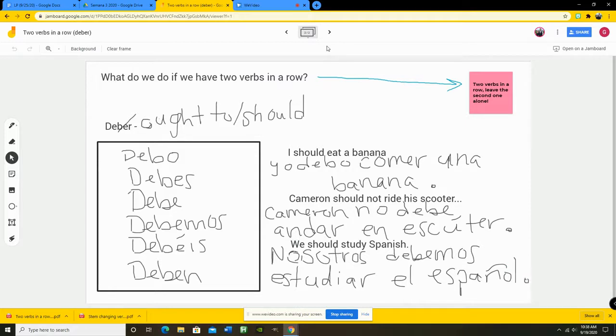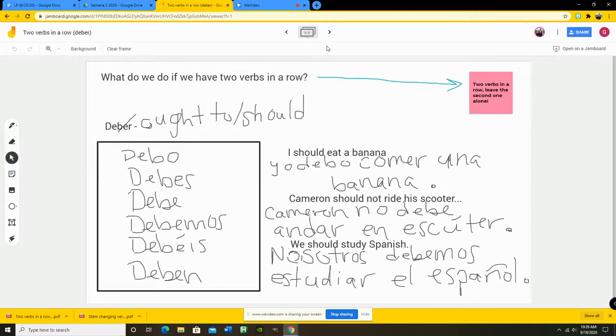So we, nosotros, we should, debemos, we leave the verb study alone because there are two verbs in a row. And then lastly, what we are studying. Is that it? I believe that is it. So that is what you do. If you have two verbs in a row, you leave the second one alone.